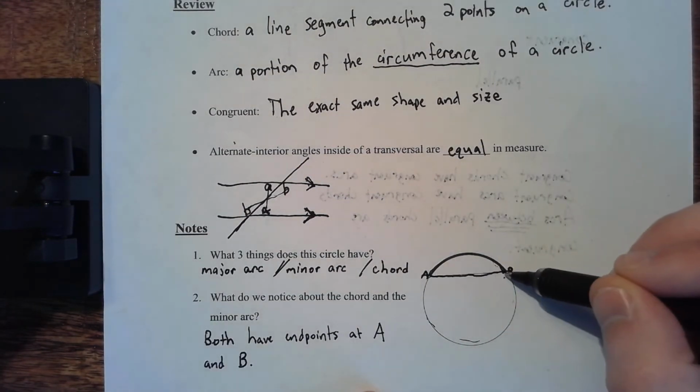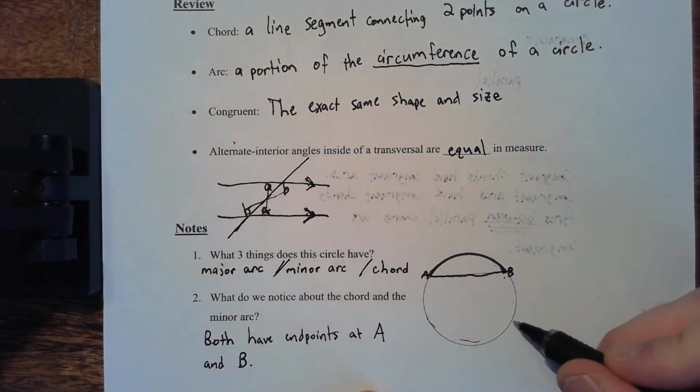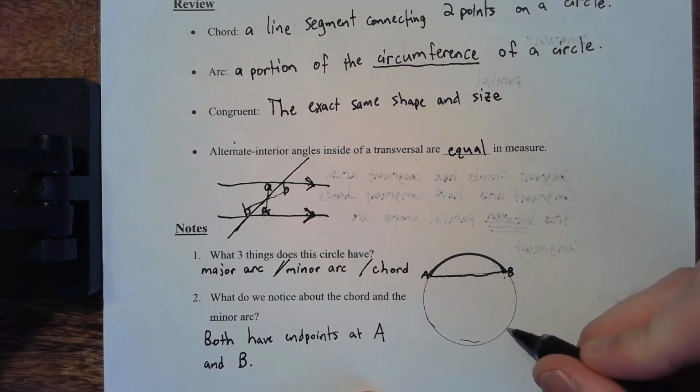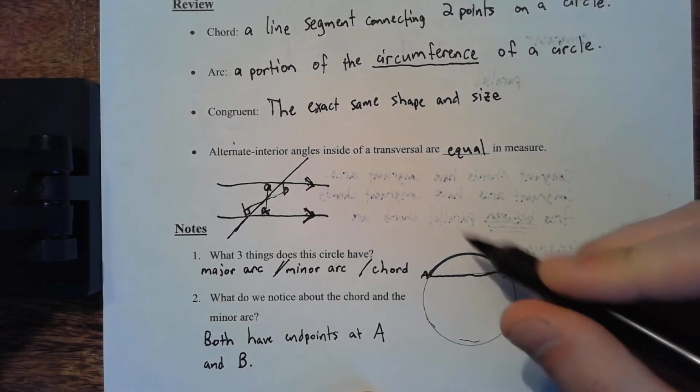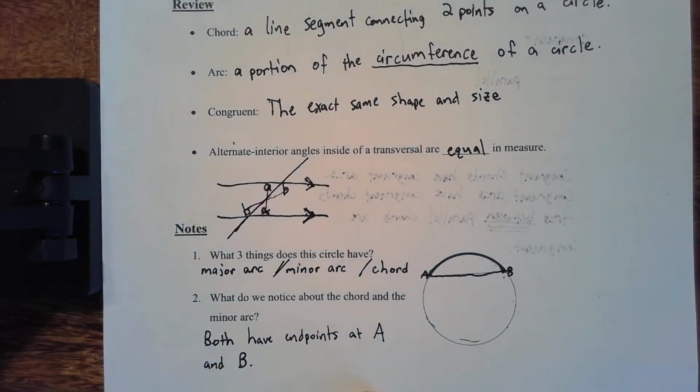They both have the same endpoints. The reason it's not the major arc is because the major arc means that we would have some other point like X out here, so it would be A, X, B, so they wouldn't have the same endpoints. So yeah, both have endpoints at A and B.